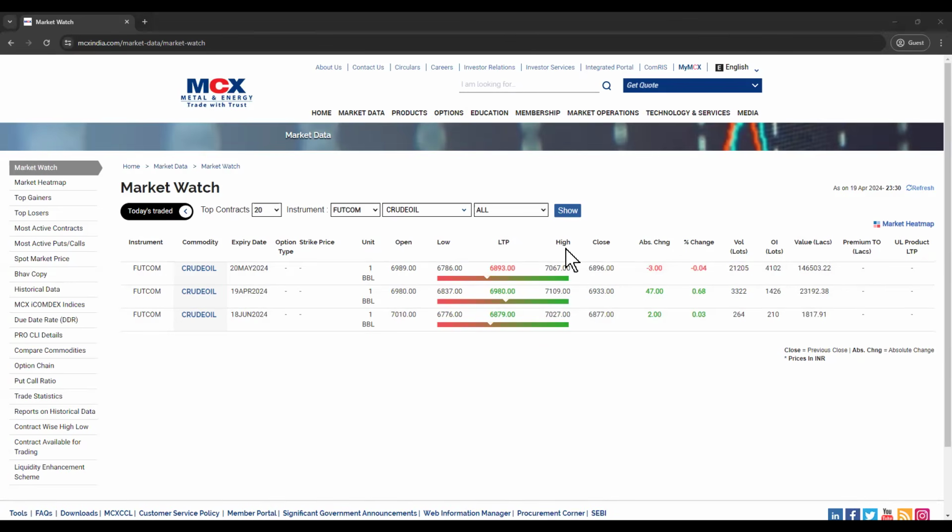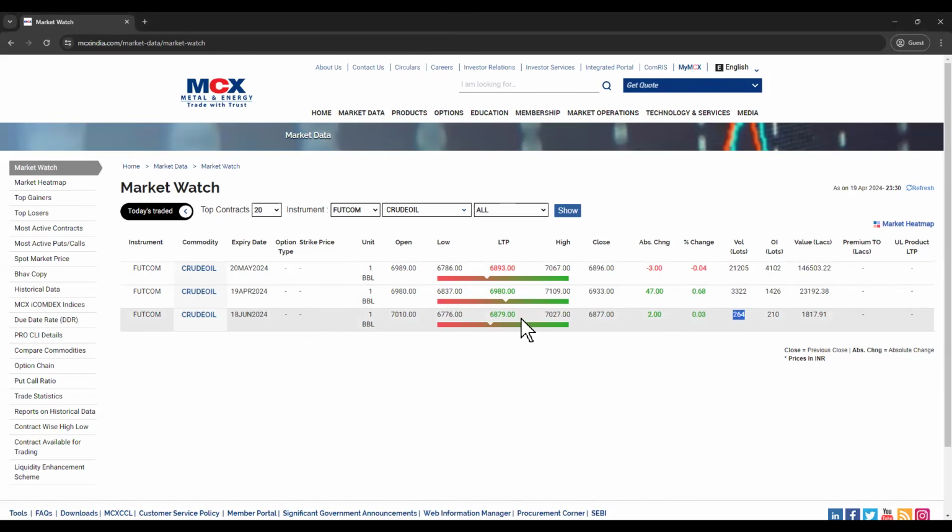What is the best indicator among these parameters of liquidity? Volume, very good. Of course, if volume is very high, then liquidity is quite high because a lot of trading is happening, right? So compare this contract's volume. What is the volume for this contract? 21,000 lots, correct? What is the volume for this contract? 264.